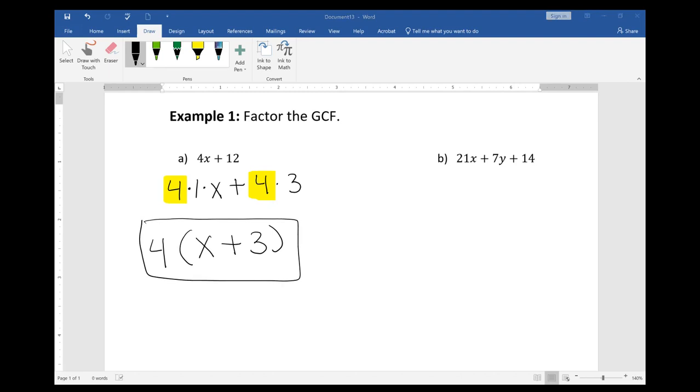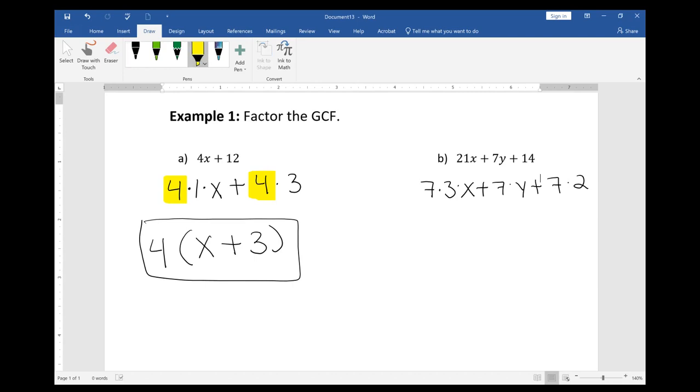Example 1, Part B. Factor the greatest common factor of 21x plus 7y plus 14. So I will begin by factoring the numbers. So 21x, we could write it as 7 times 3 times x plus 7 times y. We could just leave it as is, 7 times y. And 14, we could write it as 7 times 2.